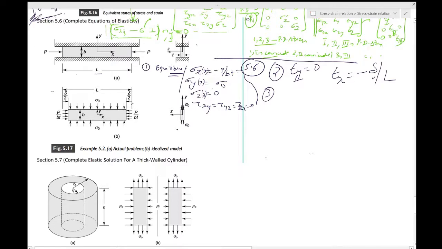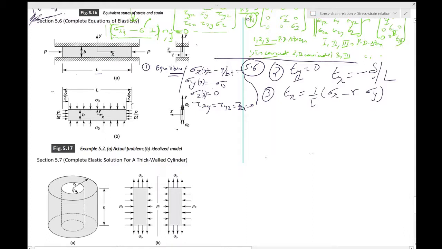And since nothing is given about the temperature, you would assume that the temperature throughout is constant. So you have to now use Hooke's law. So you can write epsilon x is equal to 1 by E, sigma x minus nu sigma y. Okay. Similarly, you can write the other components.